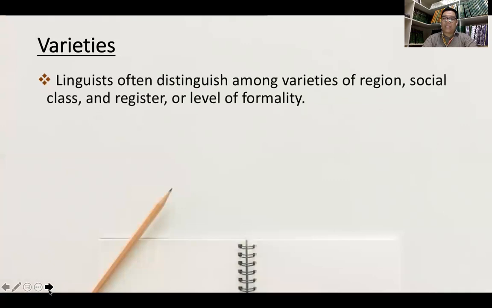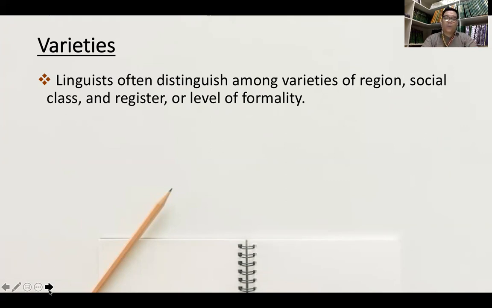So in terms of varieties, linguists often distinguish among varieties of region, social class, and register or level of formality. Now we know that the varieties of language heavily depend on the social class. For example, for sociolect, we have languages spoken by, let's say, members of the LGBT community. So they have a specific language spoken.